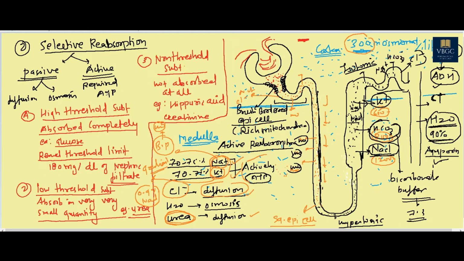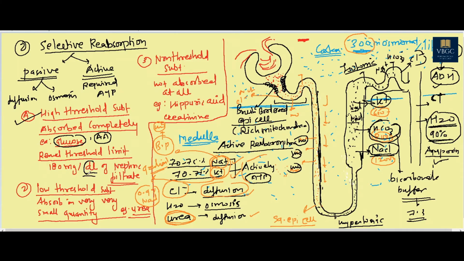Now some of the substances which are absorbed are known as high threshold substances. What are high threshold substances? Those substances which are absorbed completely, meaning glucose and amino acids. How much can be absorbed? Let's consider that when all the nephrons are collected, we mix the fluid to 100 ml.